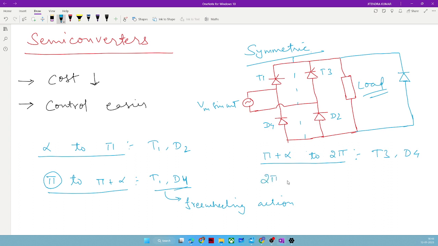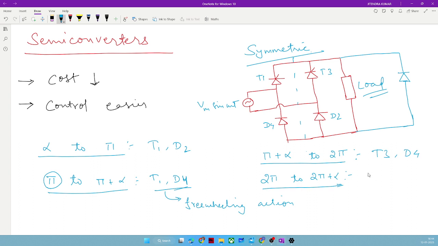Last is 2 pi to 2 pi plus alpha. Whatever devices conduct for this period will be the same as for 0 to alpha, and that's why I did not discuss 0 to alpha initially. Now you can judge better which devices would conduct for this period. Make any guesses?